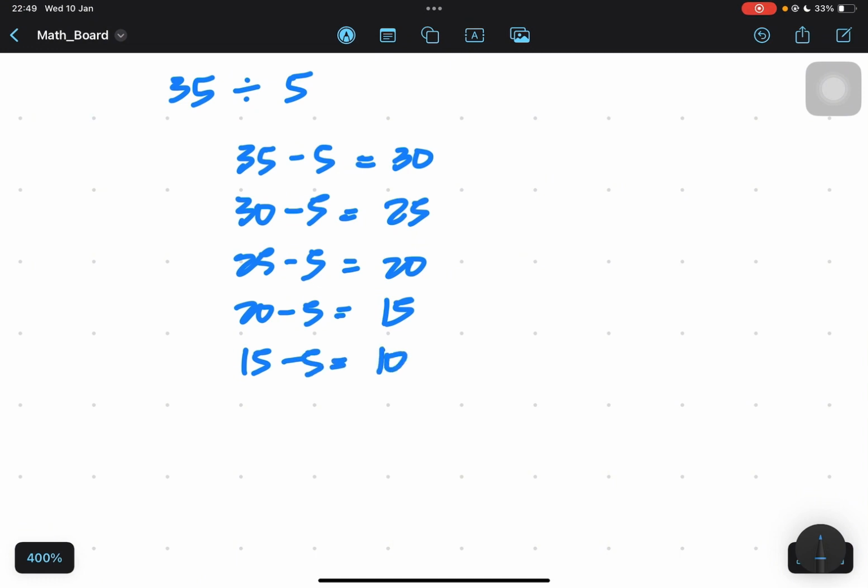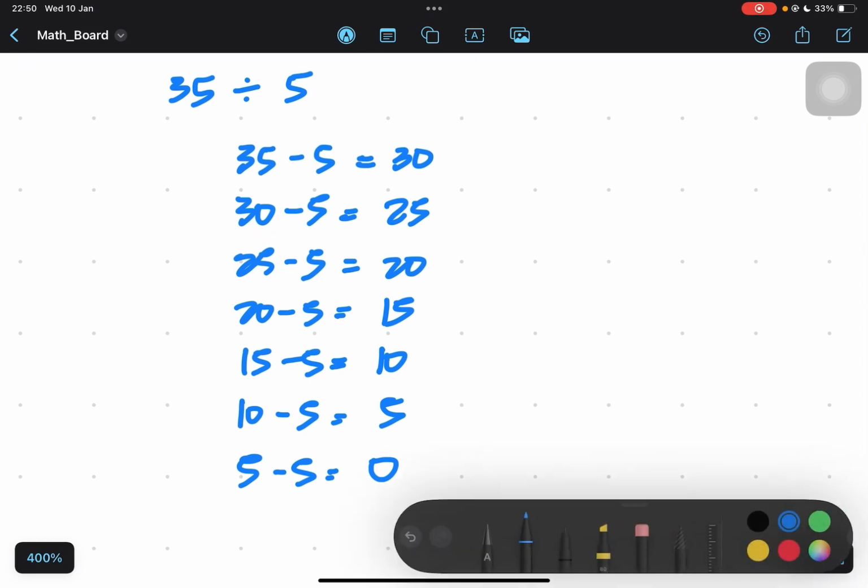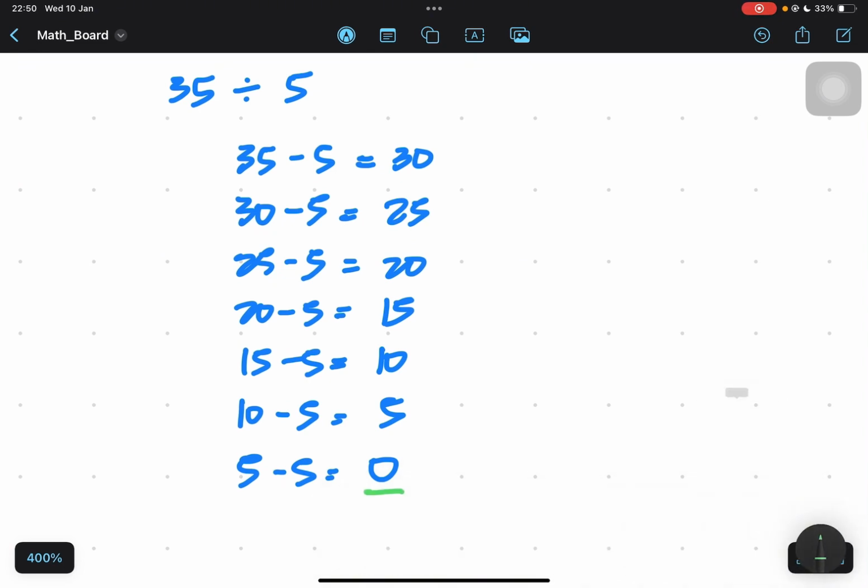And 10 is not equal to 0, so we deduct another 5. 10 minus 5 is equal to 5. And 5 is not equal to 0, so we deduct another 5. 5 minus 5 is equal to 0. Since we obtained the value of 0, we are done deducting numbers.